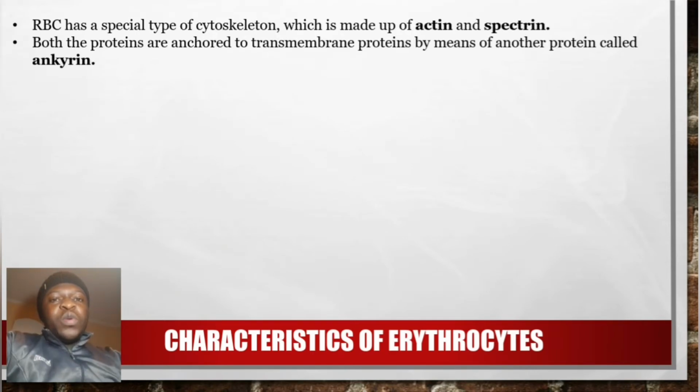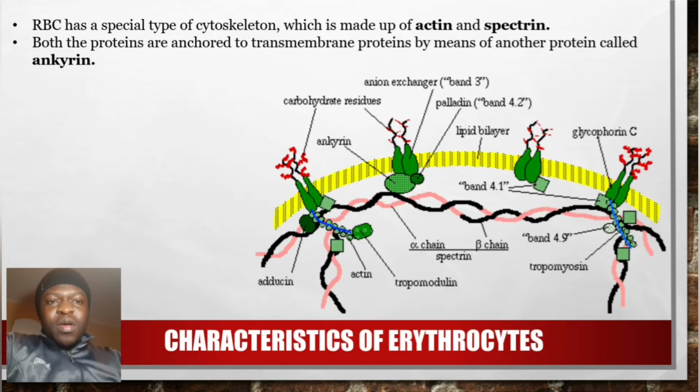Continuing with the characteristics. The RBC has a special type of cytoskeleton which is made up of actin and spectrin. Both of these proteins, actin and spectrin, are anchored to membrane proteins by means of another protein called ankyrin. So this is the cell membrane of the RBC, and this is the lipid bilayer.